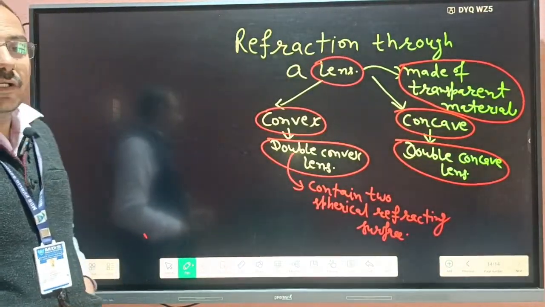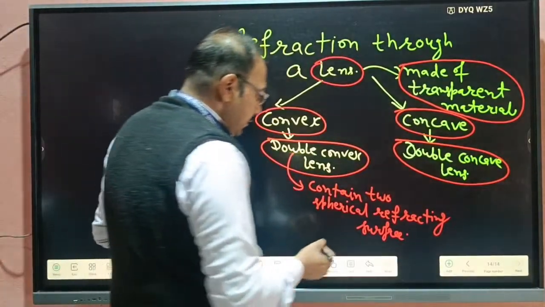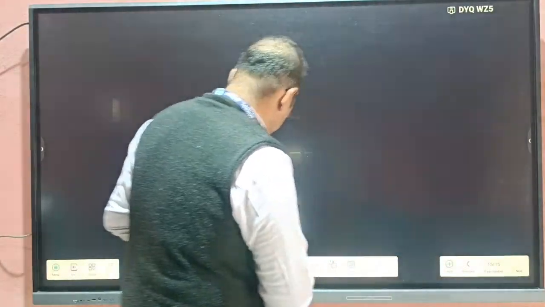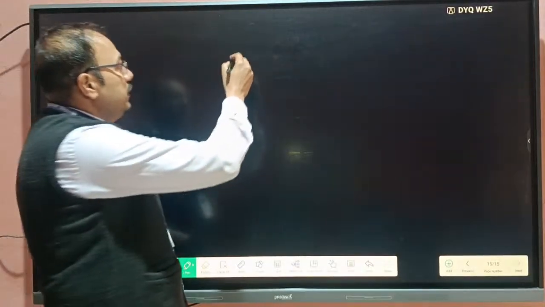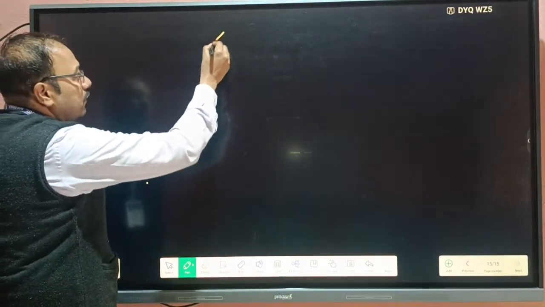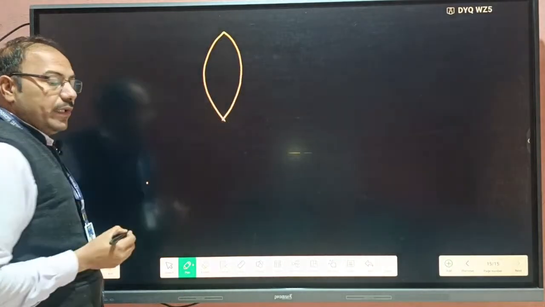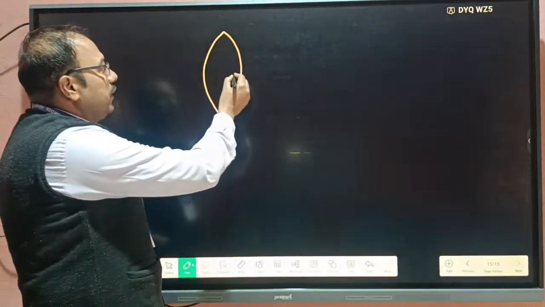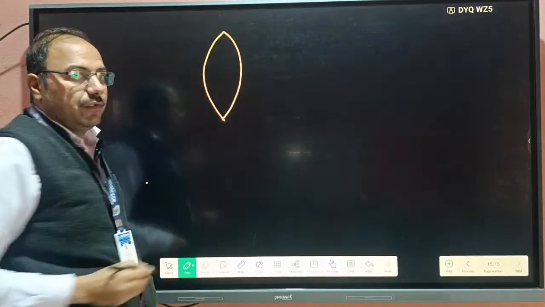We can understand this with the example of these lenses. First we take a convex lens. This is a convex lens. It contains two refracting surfaces, one refracting surface this and second refracting surface this.